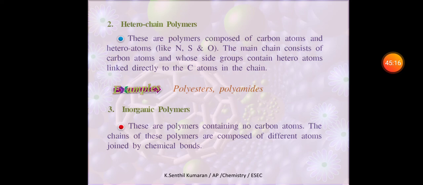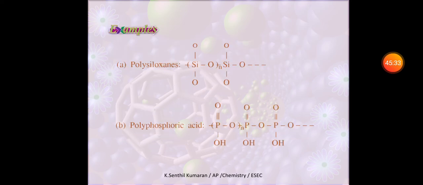Then the last one, inorganic polymers. These are polymers containing no carbon atoms. The chains of these polymers are composed of different atoms joined by chemical bonds other than carbon. The examples of inorganic polymers are polysiloxanes.